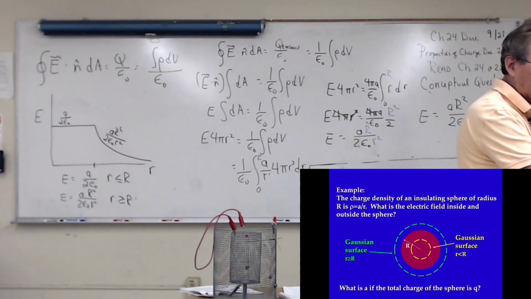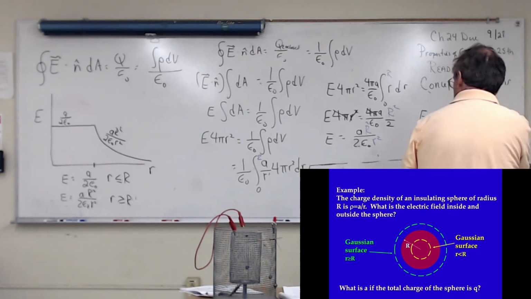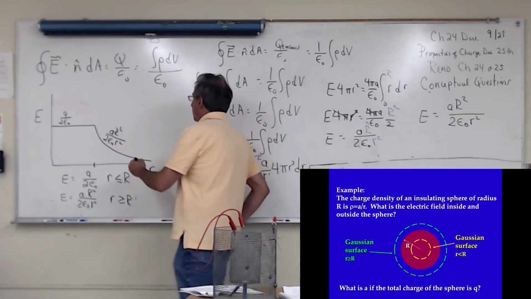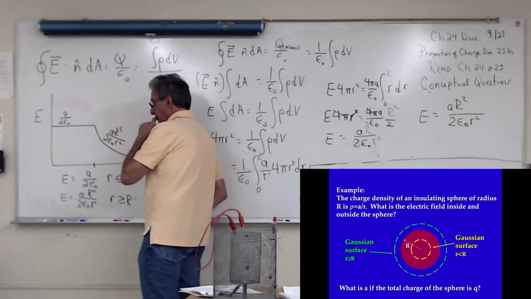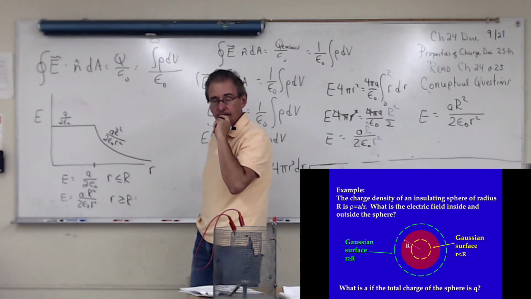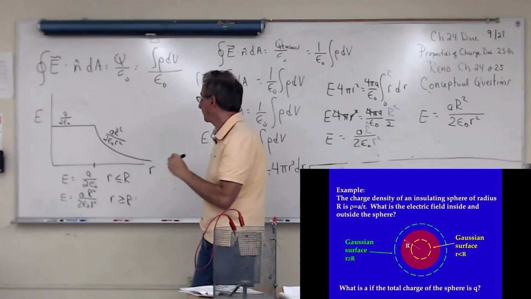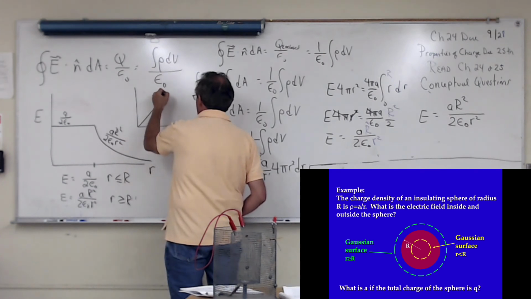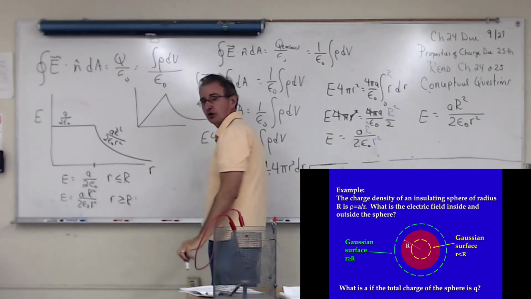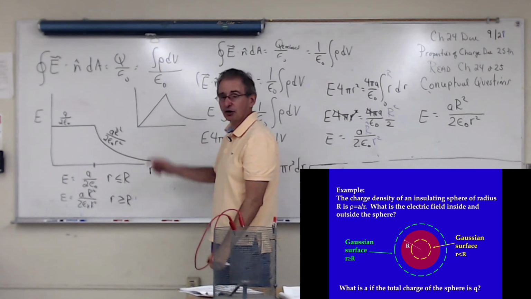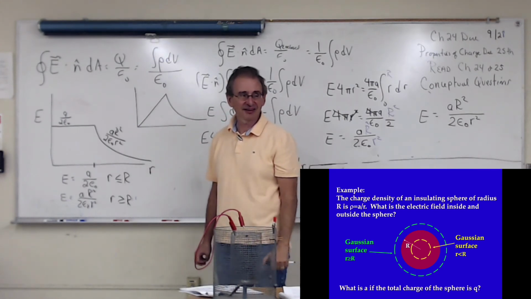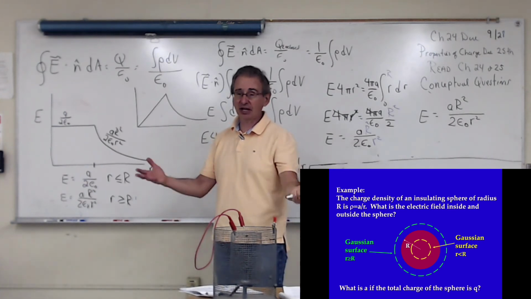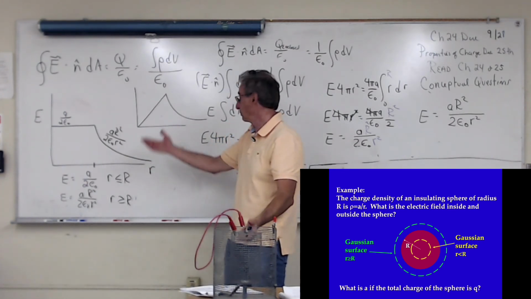Now, what if you have something that's not linear? What if the density was constant? If the density was constant, the electric field would look like this. If you took Physics 205, you did this problem for gravity. I know you did. That would be the field inside the Earth. The gravitational field inside the Earth would look like this.